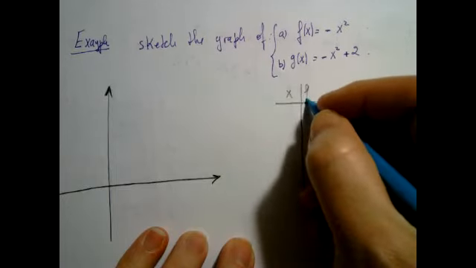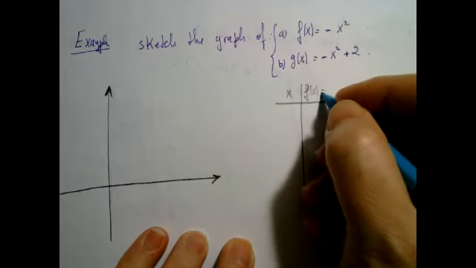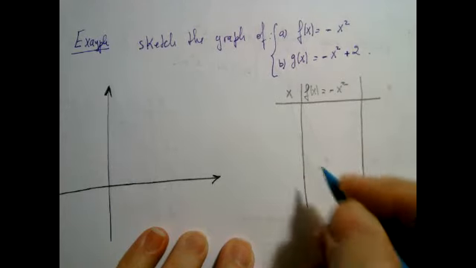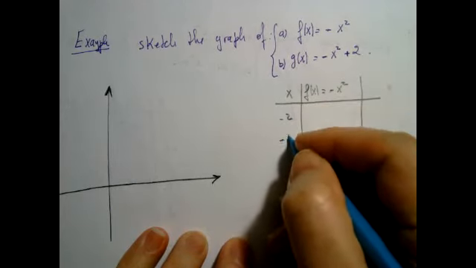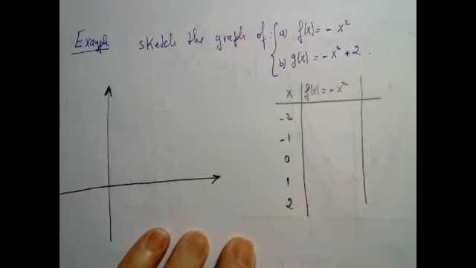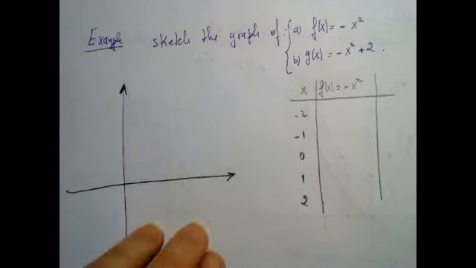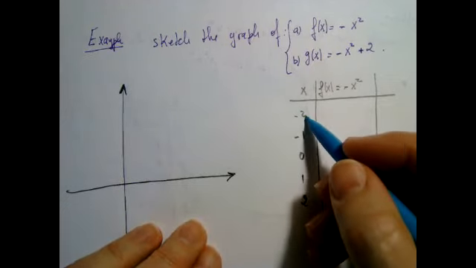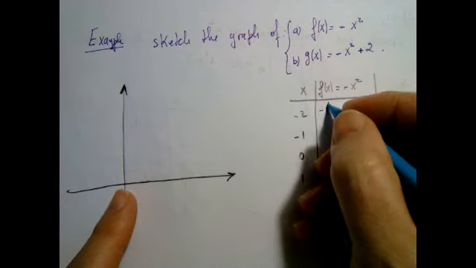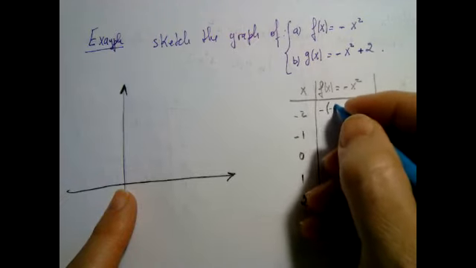So this is x and this is f of x. Okay, I'm gonna take the same values, why not? 0, 1, and 2. And then I plot the points. Yeah, it's gonna be concave down. At minus 2, what do we have? It's minus x squared.